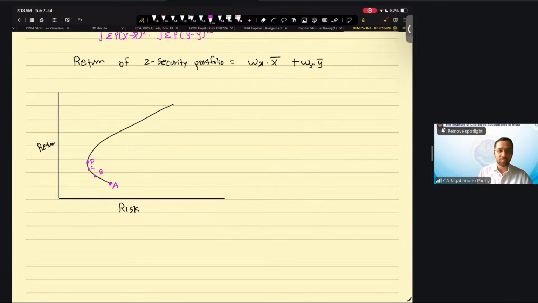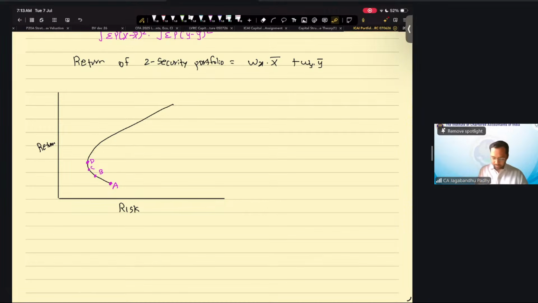It doesn't make sense for a rational investor to be invested in those portfolios because they are not going to provide a better risk-return combination. None of the investors would be interested in creating these portfolios. Rather, all our investors will be sitting at least at this point D or beyond that.